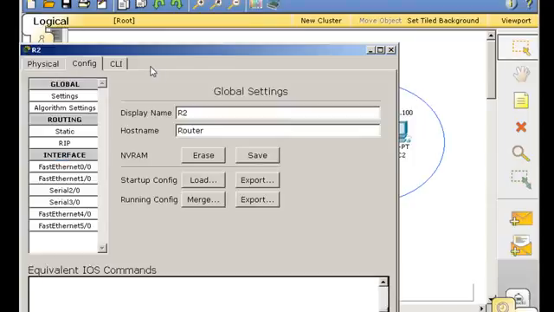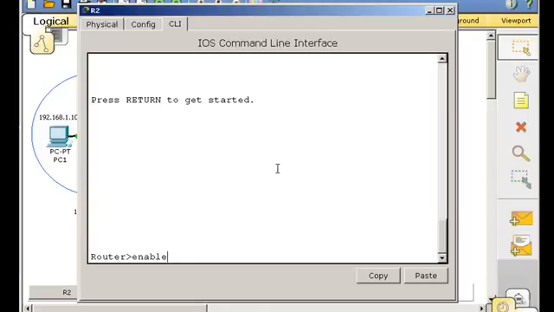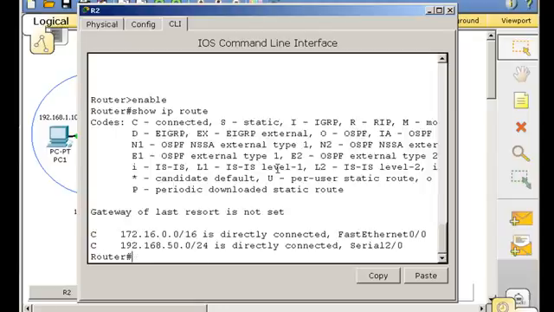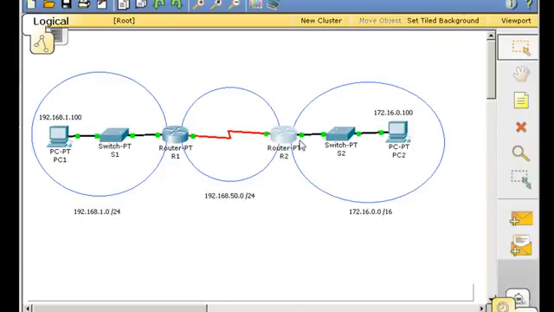And this router, if we go to command line interface and type enable, also has two connected routes in its routing table, right? The two connected routes are the routes that are connected on its interfaces.